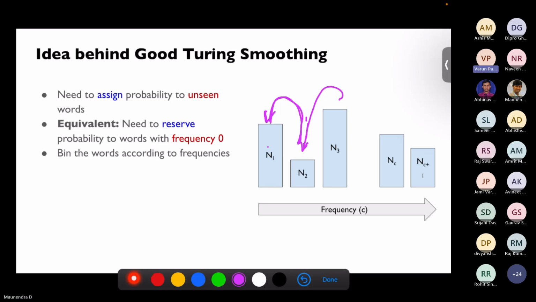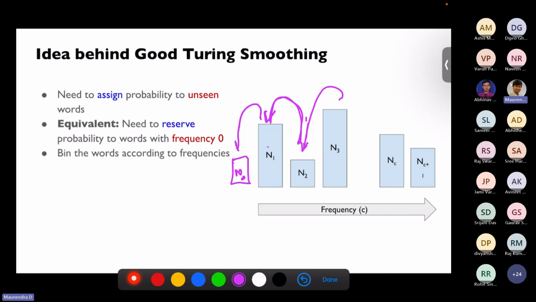But here also, sir, for words which are not there, unseen words, the zero probability question is still there. No. So yeah, I should have been explicit here. For this n0, it comes from n1.